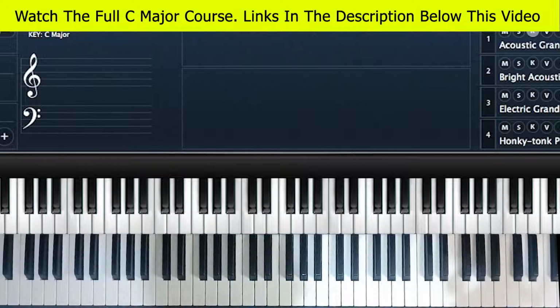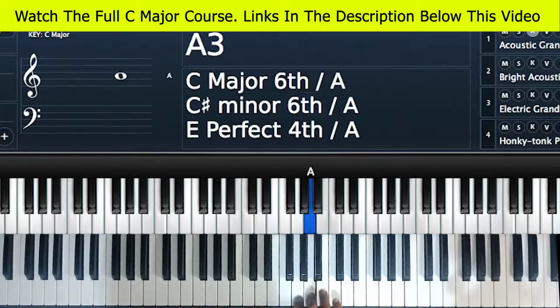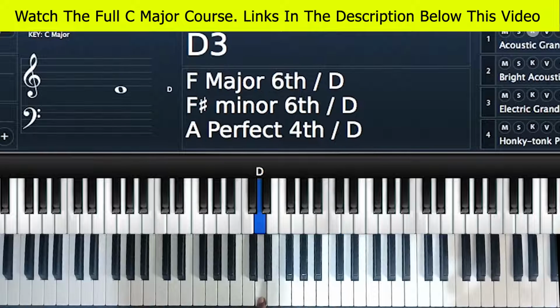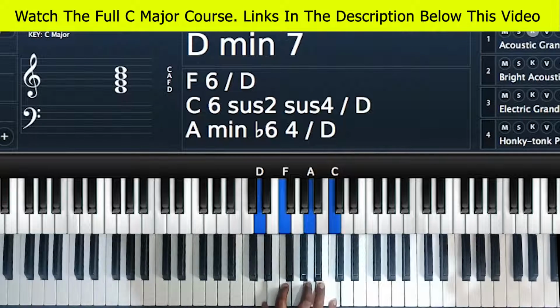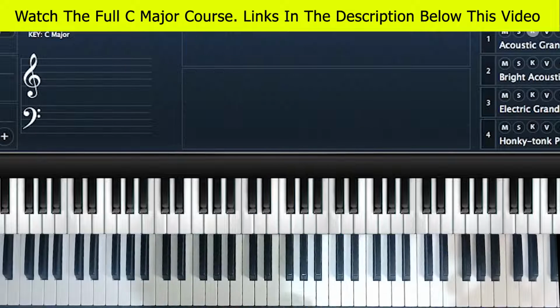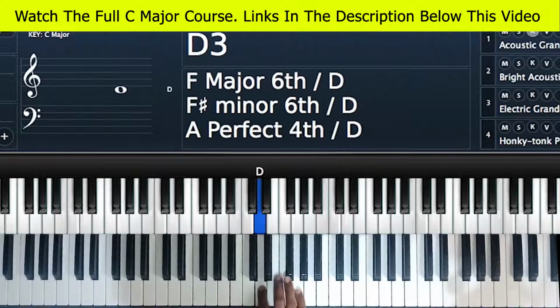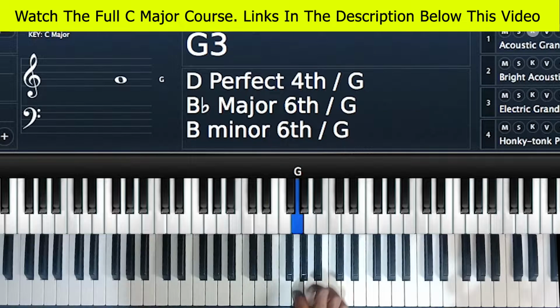So when you are talking about a 2-5-1 chord progression, you need to go back to that chord scale that I explained. You ask yourself, what is position 2 on this scale? 1, 2, D. What chord do we play? D minor 7th. So our 2 chord will be D minor 7th. Now what is position 5? 1, 2, 3, 4, 5, G. And what chord do we play in position 5?